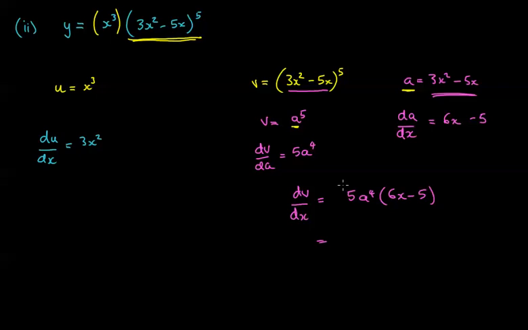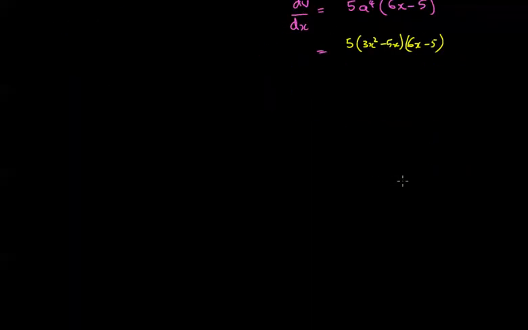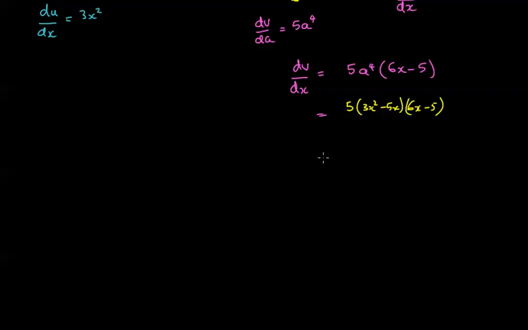So this is a chain rule here, and then that'll be 5 bracket 3x squared minus 5x to the power of 4, times 6x take away 5. It looks bad, but don't worry, it won't be.